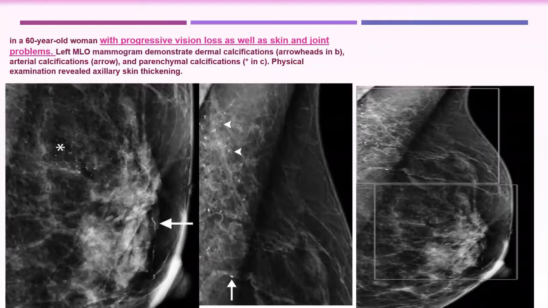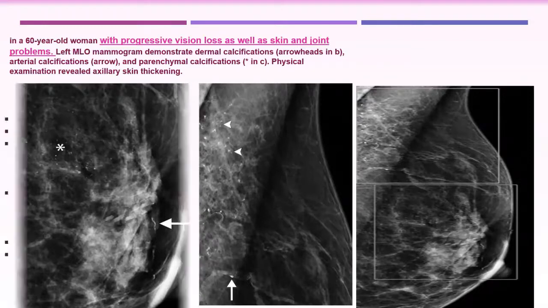And she has skin thickening. She has a problem related to the elastic fibers of the skin as well as of the orbit.